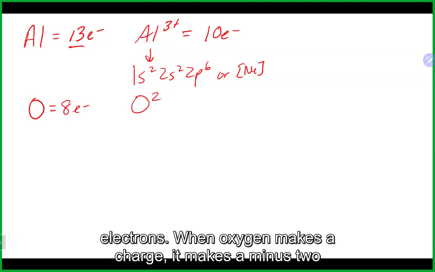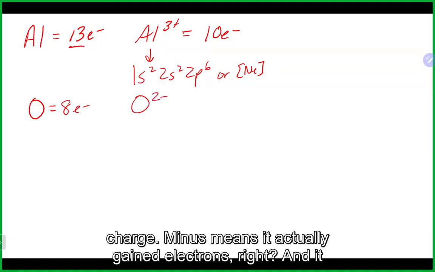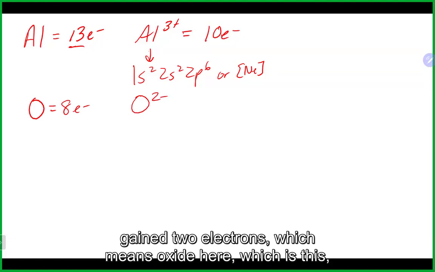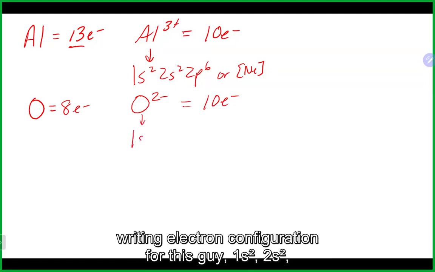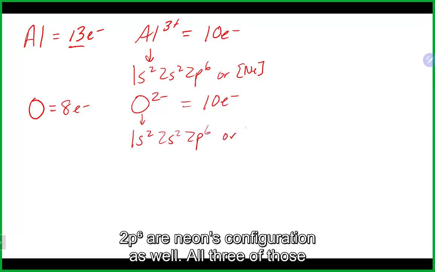When oxygen makes a charge, it makes a -2 charge. Minus means it actually gained electrons, right? And it gained 2 electrons, which means oxide, which is this oxygen, actually has 10 electrons as well, which means the electron configuration for this guy is 1s2, 2s2, 2p6, neon's configuration as well.